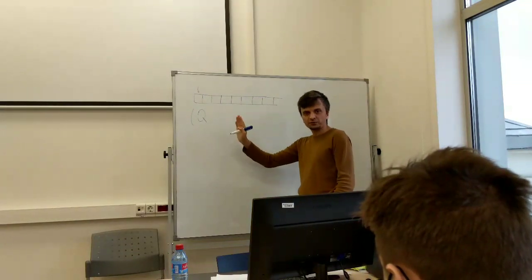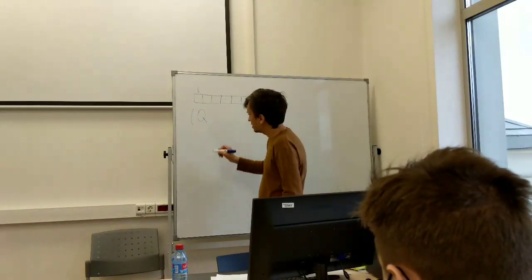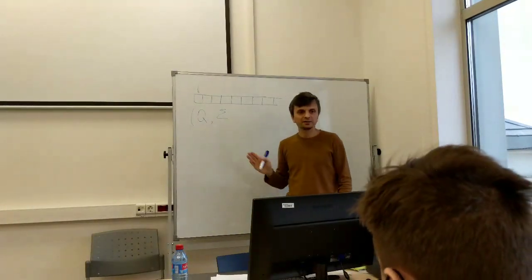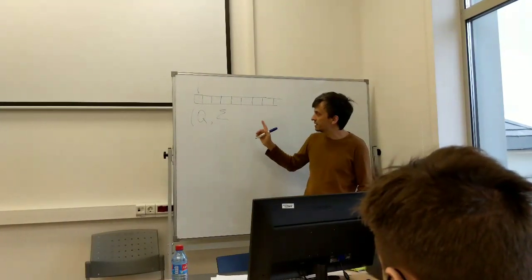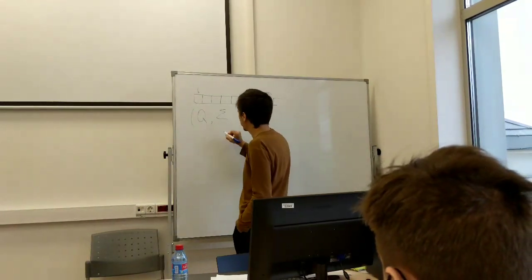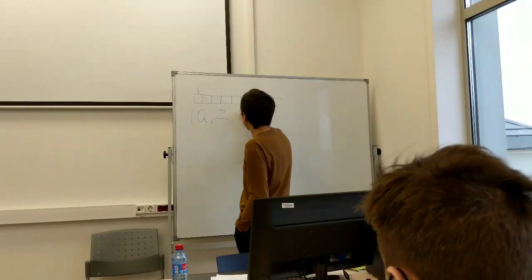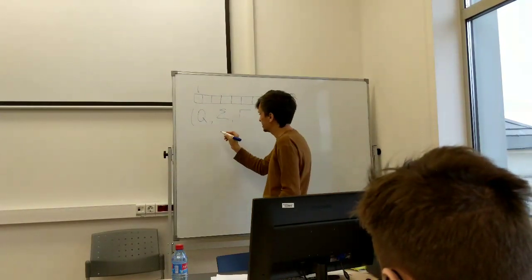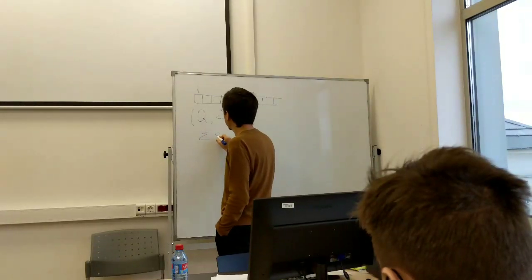Okay, so we have Q, which is the set of states. We have sigma, that's a finite alphabet, the input alphabet. Then we also have another alphabet, gamma, the tape alphabet. So sigma is a subset of gamma.